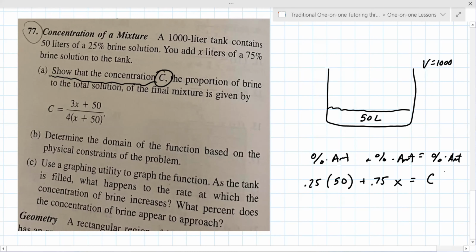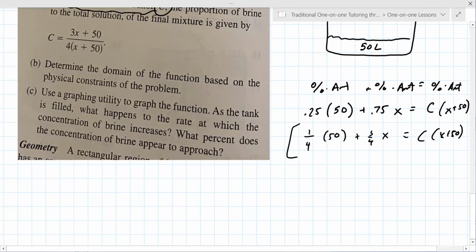The amount you're going to have in is X plus 50. So let me know if that's unclear. We're going to get rid of these decimals. These are really fractions. This is 1/4 times 50 plus 3/4 times X equals C times X plus 50.